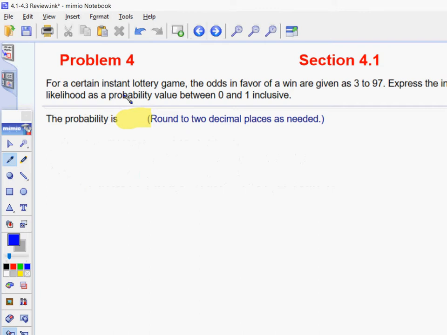Problem 4. For a certain instant lottery game, the odds in favor of a win are given as 3 to 97. Odds in favor is successes versus not successes. We break the total apart into successes and not successes. Express the indicated degree of likelihood as a probability value between 0 and 1 inclusively. Well, we know the probability is successes over total. We know what the successes are.